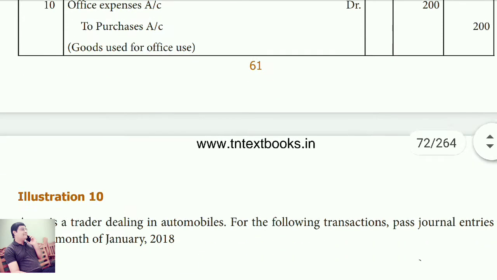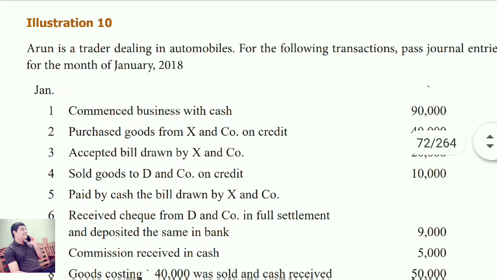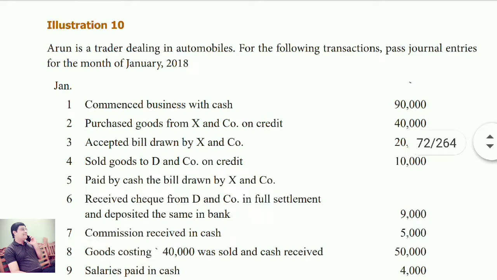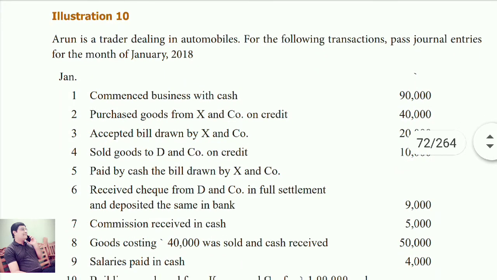Now see the next illustration. Illustration 10. Arun is a trader dealing in automobiles. So this is the company, an automobile company, and Arun is the owner.